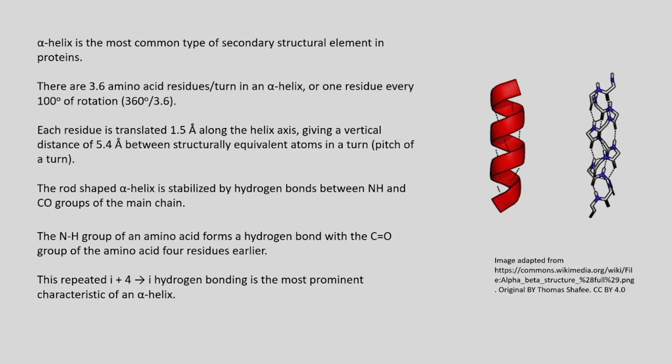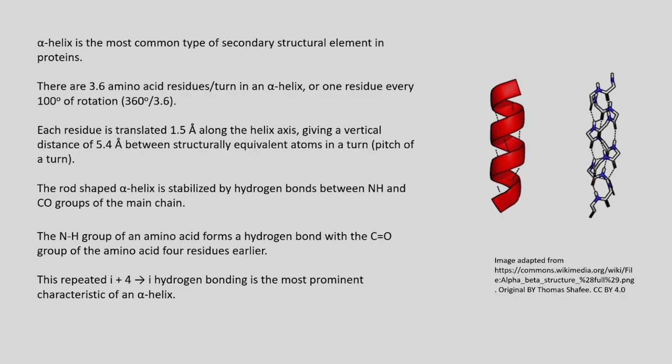Let us focus a little bit on the alpha helix, and this is very important from the point of view of studying zinc finger domains. Alpha helix is the most common type of secondary structural element in proteins. For every turn in this helix, there are around 3.6 amino acid residues, or one residue per 100-degree rotation.